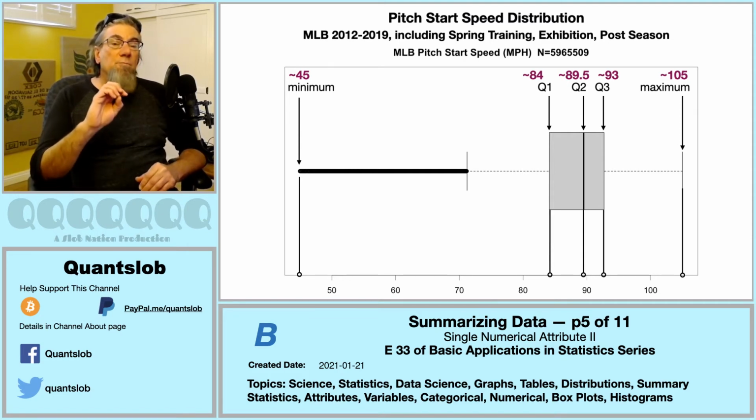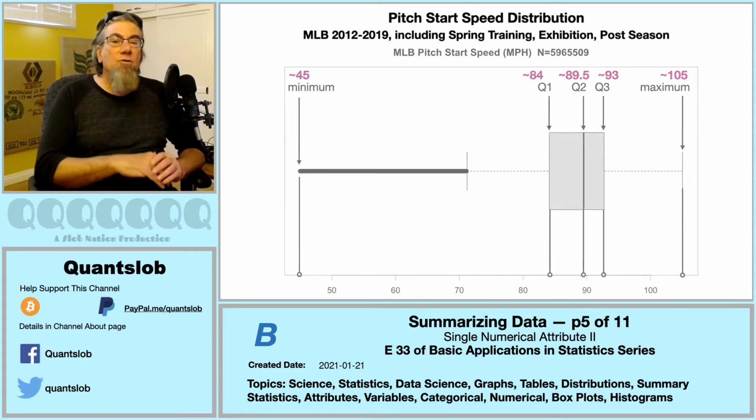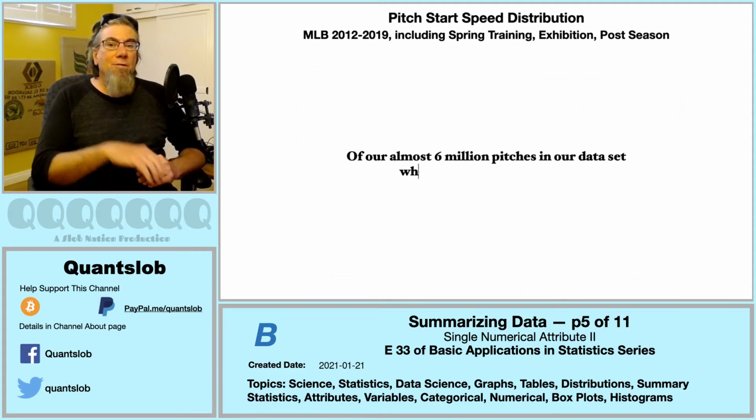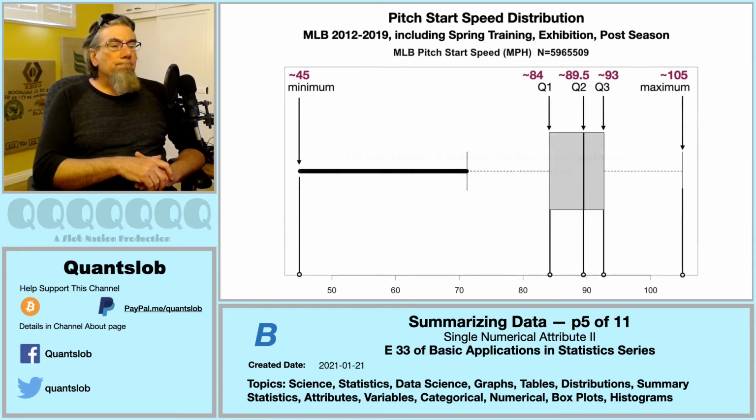Q2 is the value that splits our list of sorted values in half. Q1 splits the lower half into half. Q3 splits the upper half into half. So let's contextualize our interpretation here. Of our almost 6 million pitches in our data set where start speed, velocity leaving the pitcher's hand, was recorded, very close to half were slower than 89.5 miles per hour.